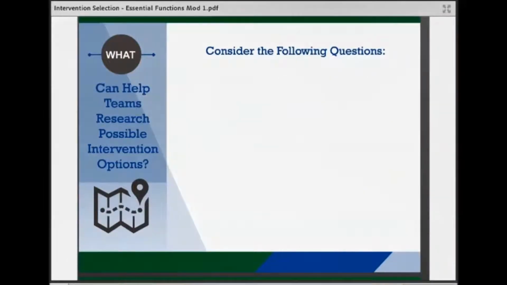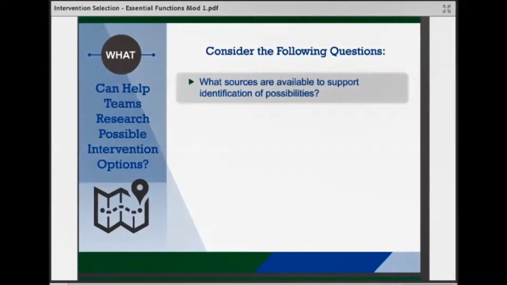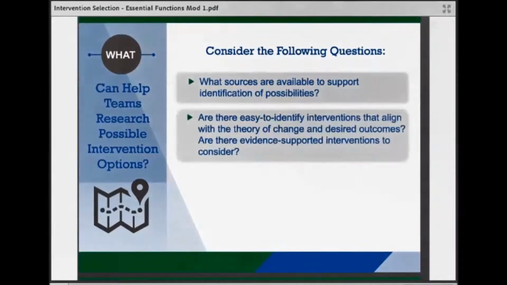With the limited supply of evidence-supported off-the-shelf solutions, there are a few questions teams should consider as they research potential interventions. What sources are available to support identification of potential interventions? Are there easy-to-identify interventions that align with the theory of change and desired outcomes?